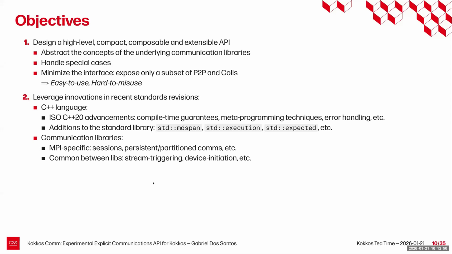So these are additions that we want to explore on the C++ language side, but also on communication libraries. There are some that are MPI specific, for example MPI sessions, persistent or partitioned communications, and others which are shared between communication libraries, such as stream triggering, device initiation, etc.